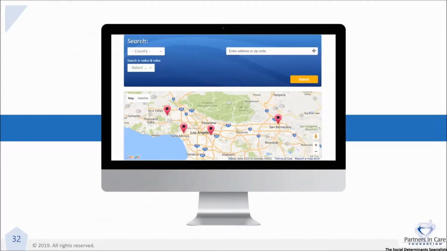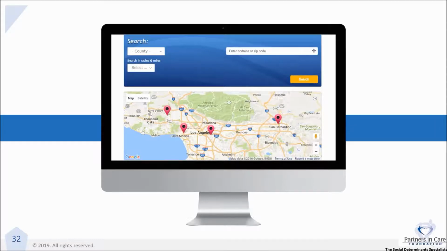Then if you go to the California Healthier Living website, healthierliving.org, you can put either the county or the zip code in where you see them here, and then the area in which the person is willing to travel, the radius in miles, and you'll see the little pins pop up like this.